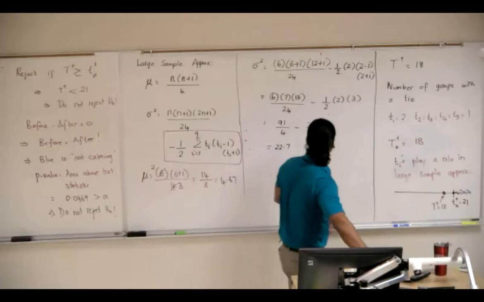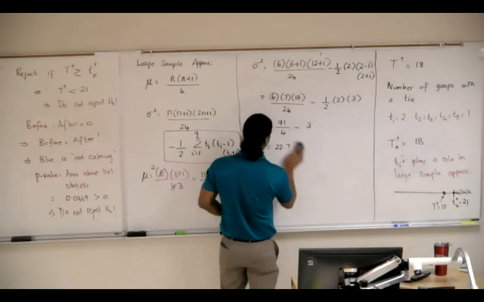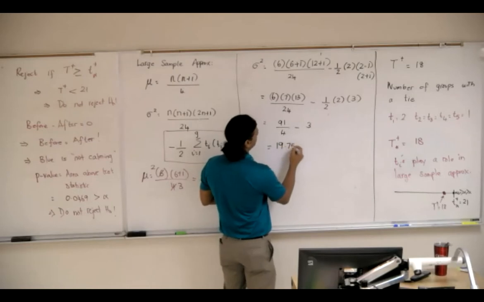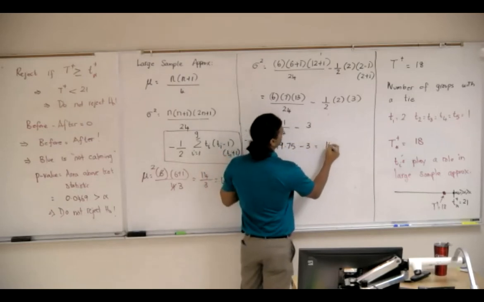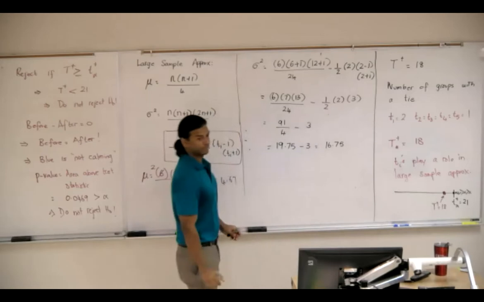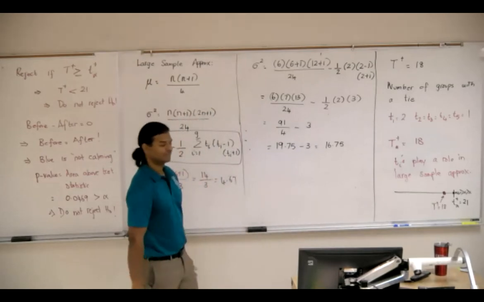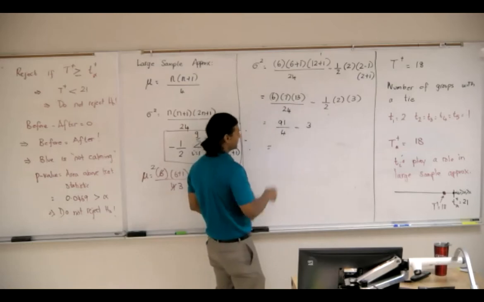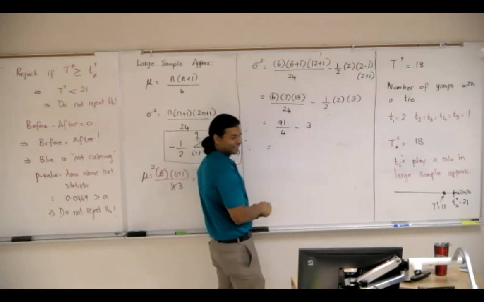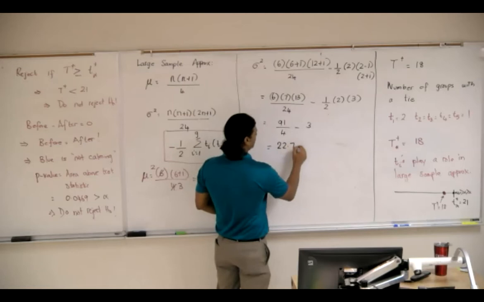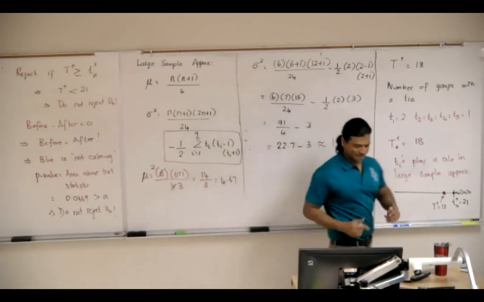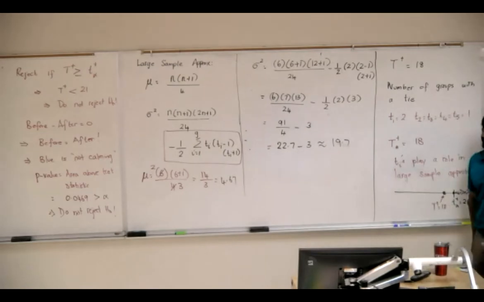Blame it on a Monday. 22.75 minus 3, I end up getting 19.75. So approximately 19.7. Yes.